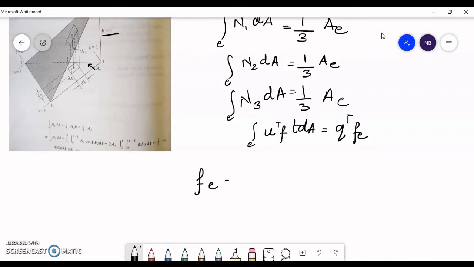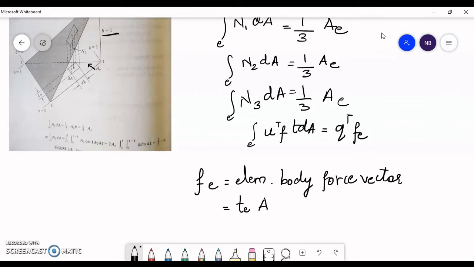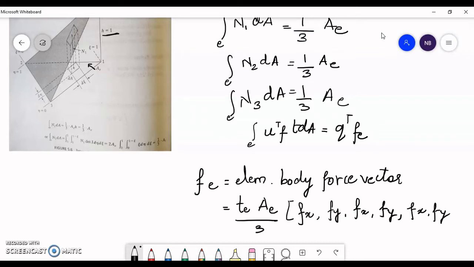Fe is the element body force vector, and it is given by Te into Ae upon 3 times Fx Fy Fx Fy Fx Fy transpose.